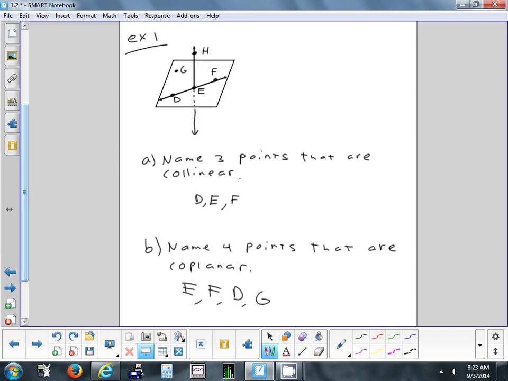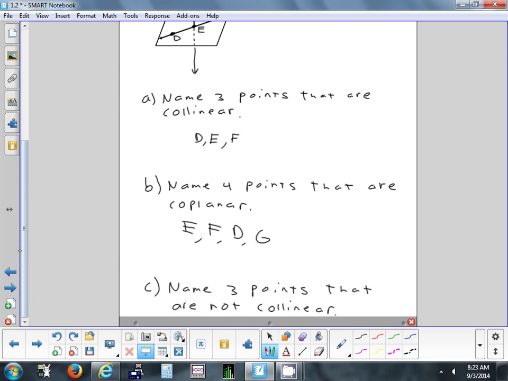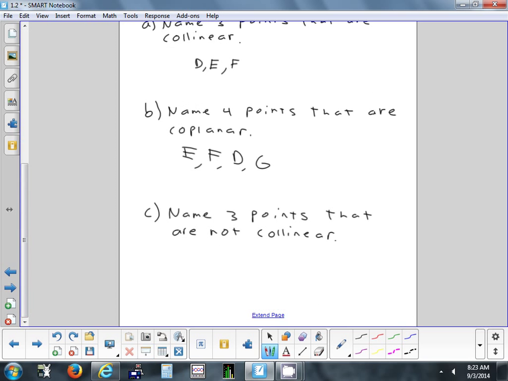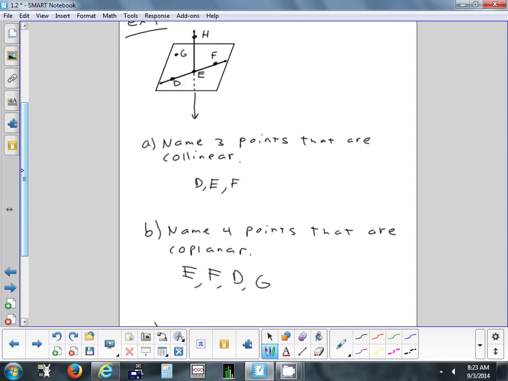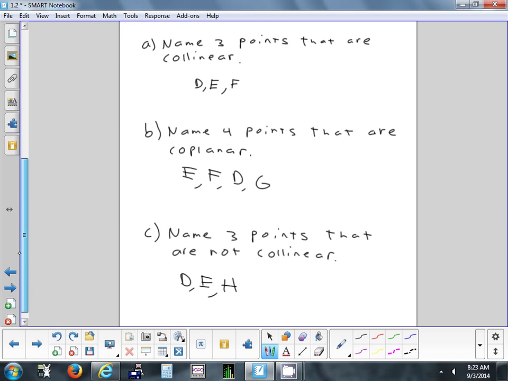H is off the plane. So that's definitely not collinear in this case. D, E, H. Anybody see another one? 3 points, not collinear. Yep, Connor? D, G, H. Yep, not collinear.